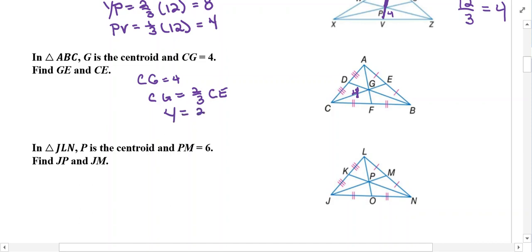So 4 equals 2/3 of CE. Multiply both sides by 3, you have 12 equals 2 times CE. Divide by 2, and you have that CE equals 6. Divide that by 3, you would have that GE equals 2.